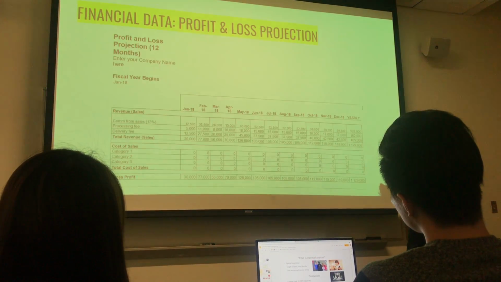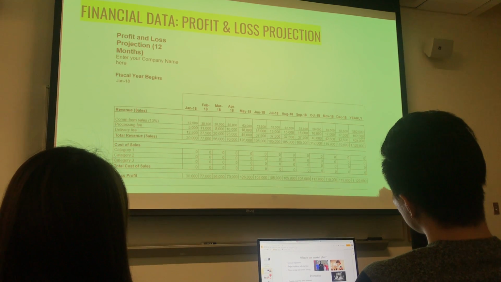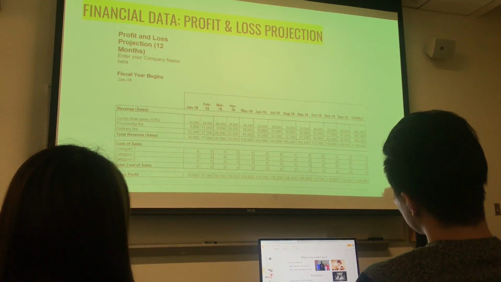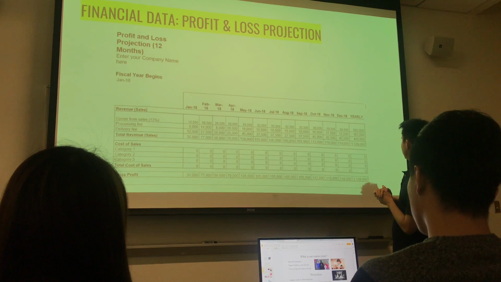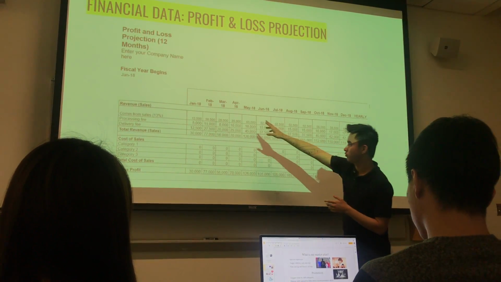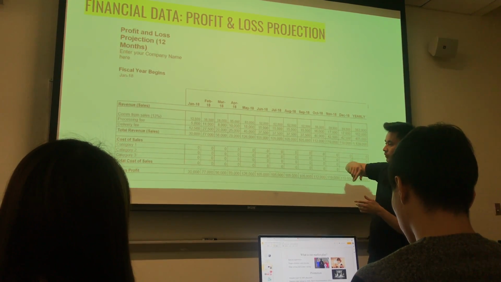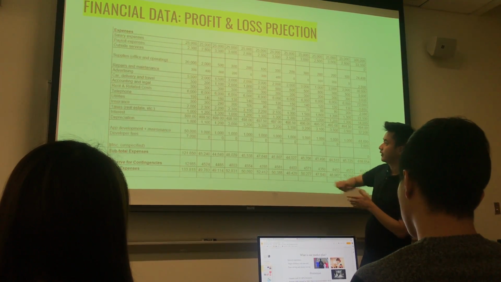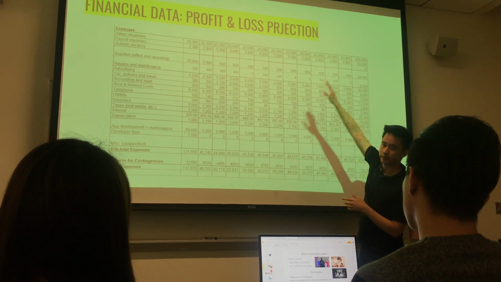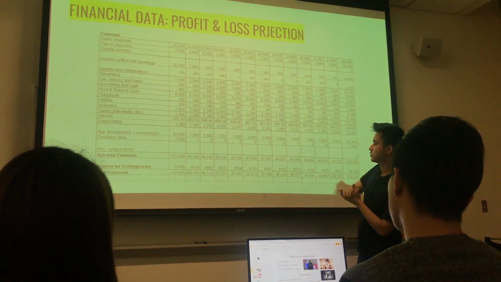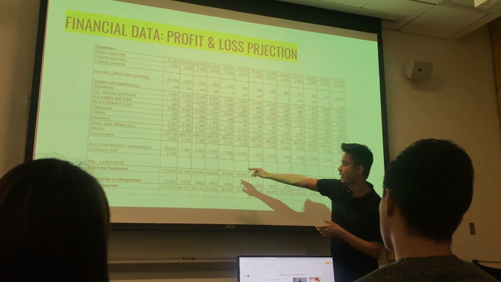Next slide. So this is the profit and loss projection. And this is what we mentioned, that's our sales forecast. Go down. And this is our startup expenses, which we covered 2 slides ago. This is the app development.